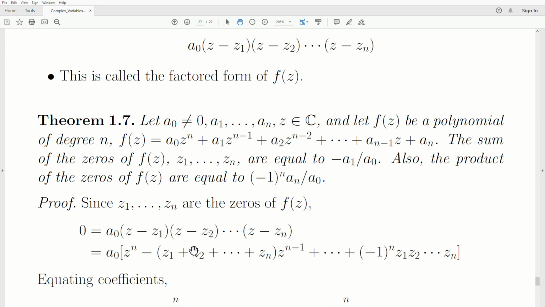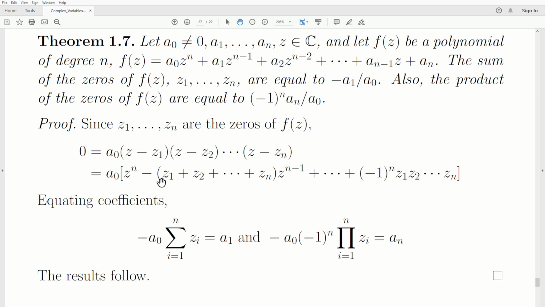But if we equate the coefficients, look, the coefficient of the z to the n minus 1 power is a1. That has to equal the coefficient in front of z to the n minus 1. Now don't forget the a0 coming in. So let's equate these coefficients. So minus a0 times the sum has to equal a1.